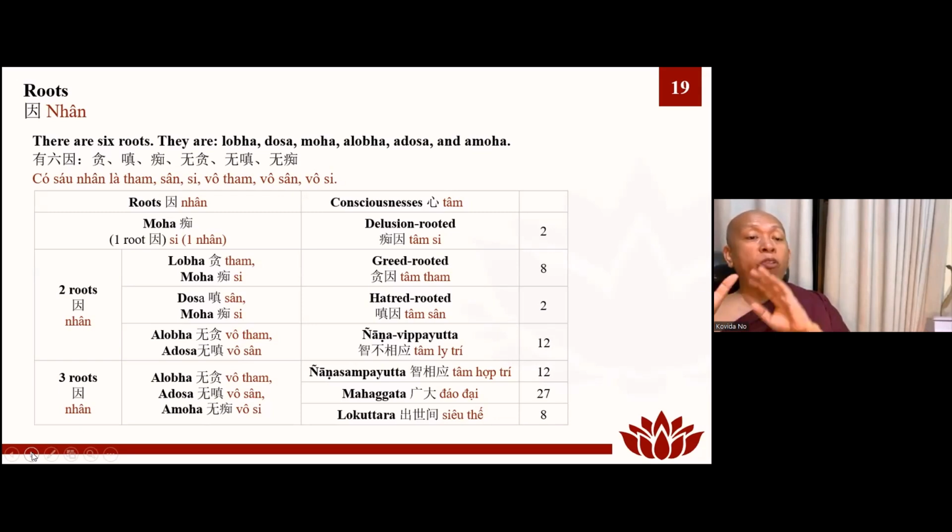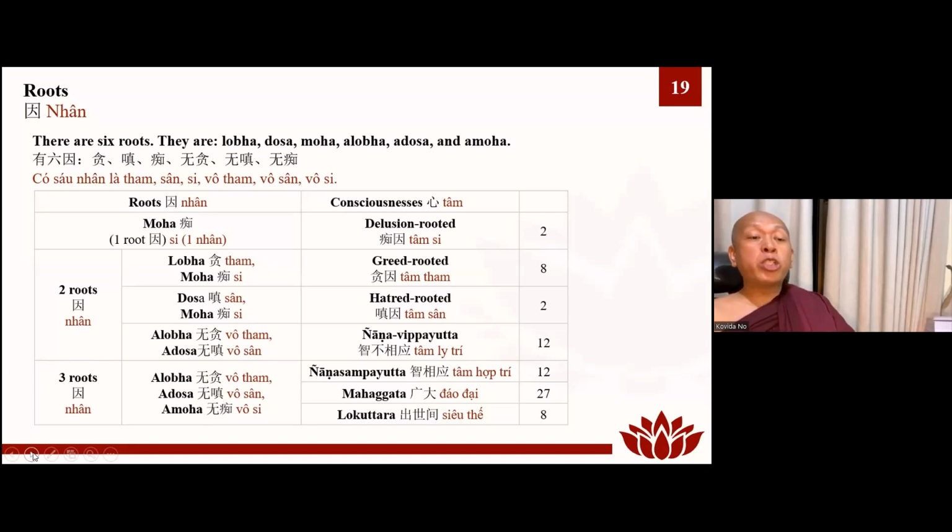So if we do without any unnecessary expectation, such as gain or fame, if we do it with metta, loving kindness, if we do it wisely, it will be 3-rooted wholesome. Sometimes if we don't have wisdom, it will be only 2-rooted.